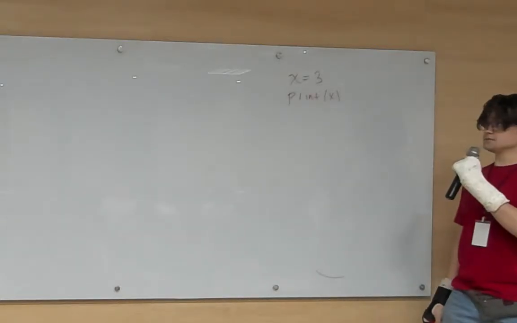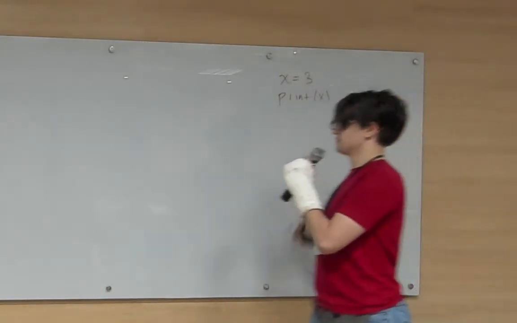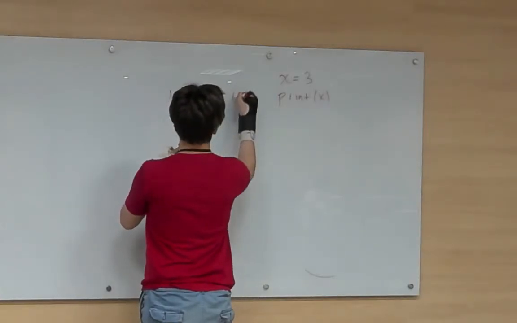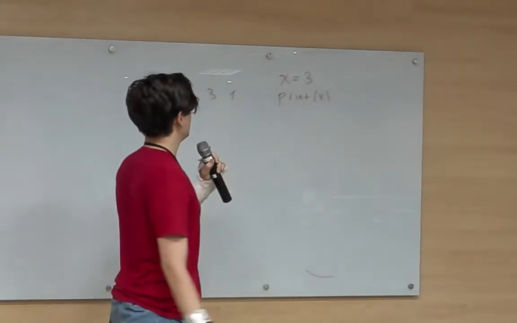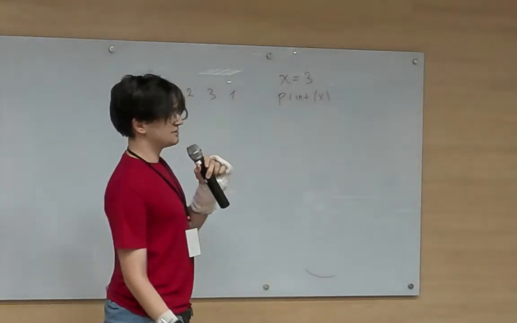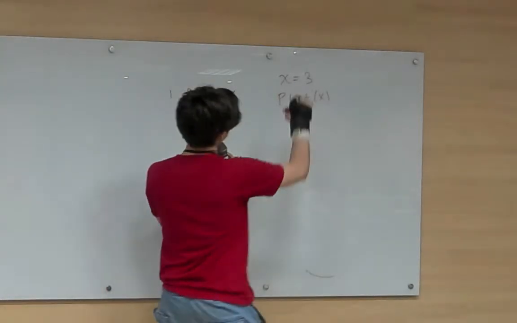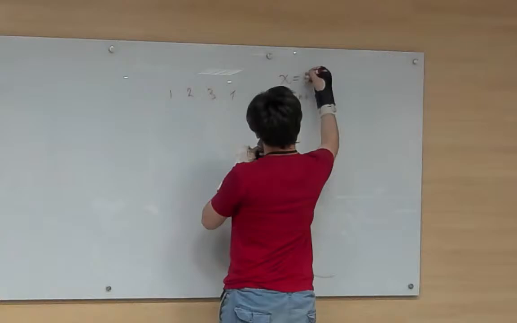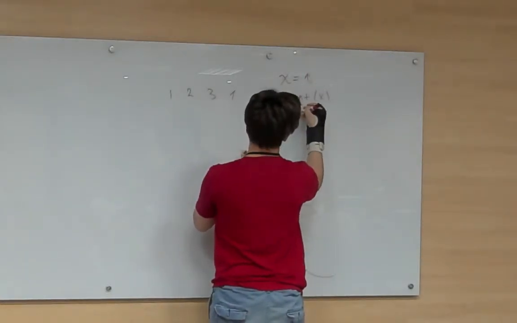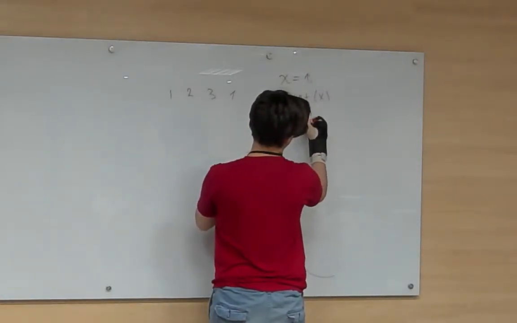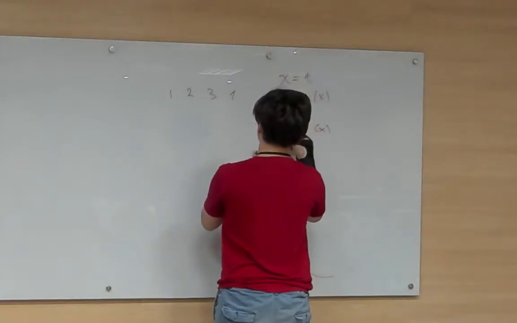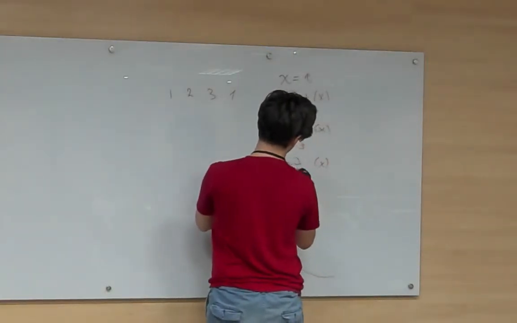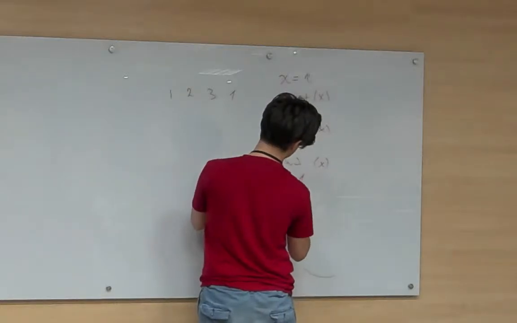And we are given some sequence of numbers that we have to print. So perhaps something like 1, 2, 3, 1. And so a very simple program in this language that would work here is something like x equals 1, print x, equals 2, print x, equals 3, print x, equals 1, and again print x.